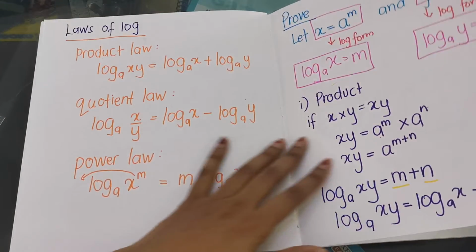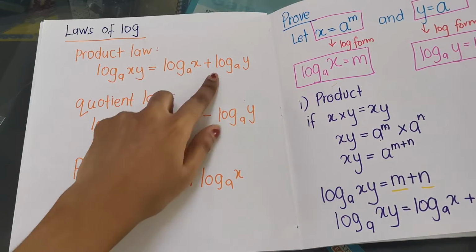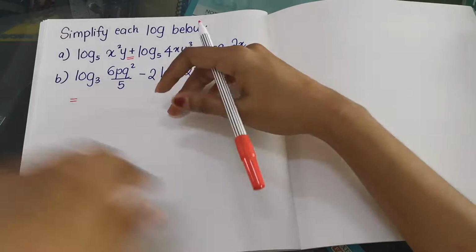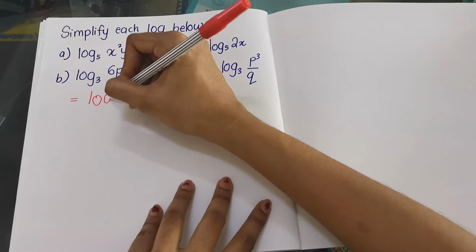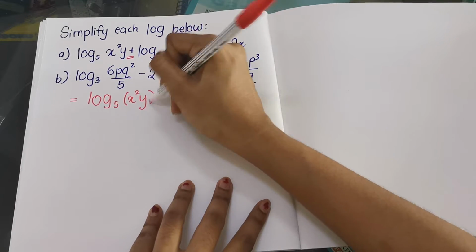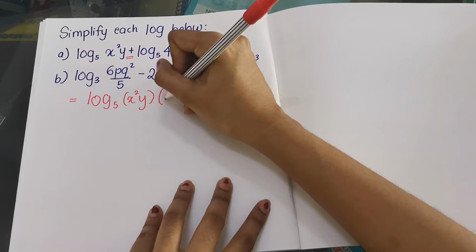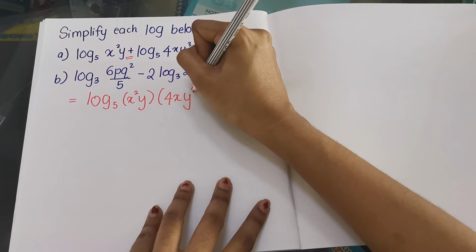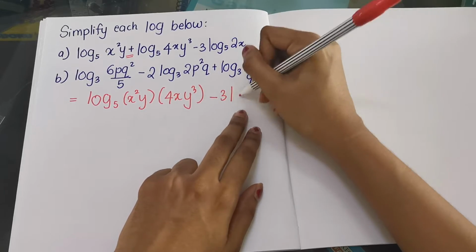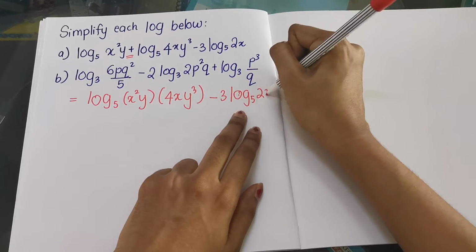If you look back at the law, if you have an addition, you can write it as a multiplication. So now it's going to be log base 5 of x squared y times 4xy cubed, then this one I'm going to write as usual, minus 3 log base 5 of 2x.